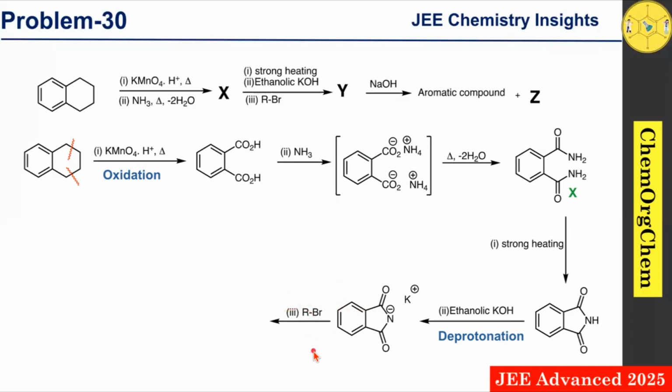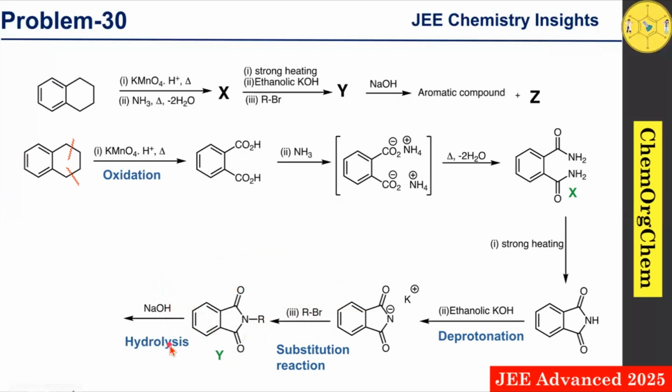Here a substitution reaction takes place to produce this respective product. So this is our product Y. When product Y is treated with sodium hydroxide, a hydrolysis reaction takes place to produce sodium phthalate with a primary amine. So this is our product Z.